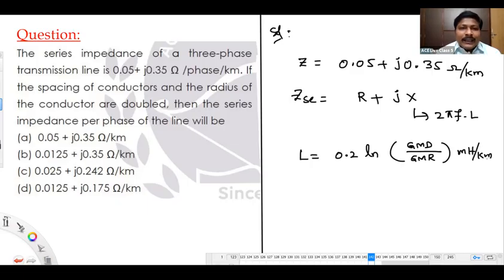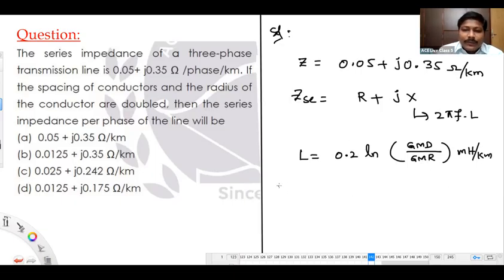If the spacing between the conductors is doubled, definitely the GMD value will be doubled. Next, the radius of the conductors is doubled, then definitely GMR will be doubled.